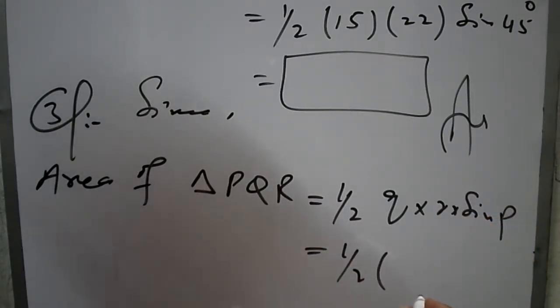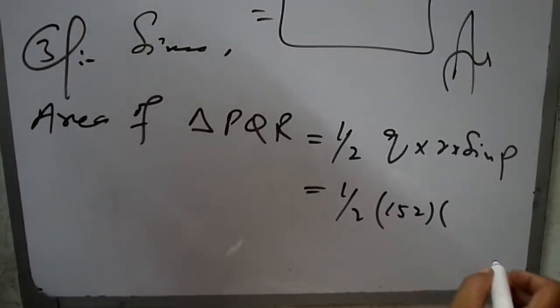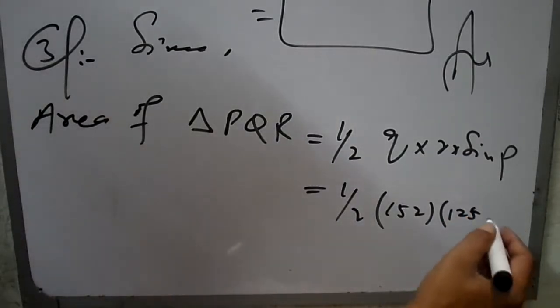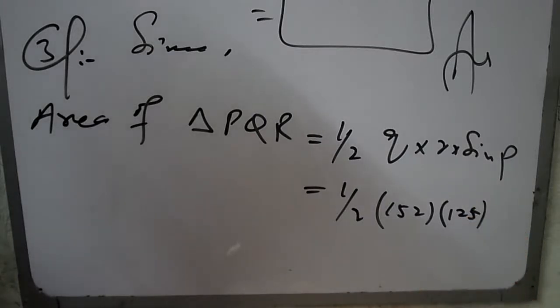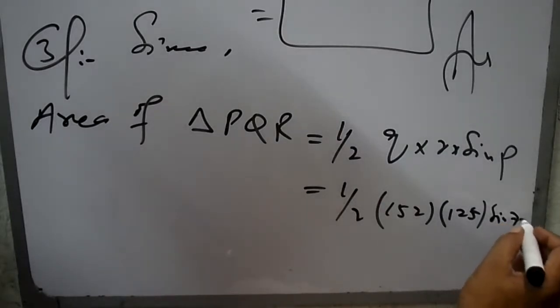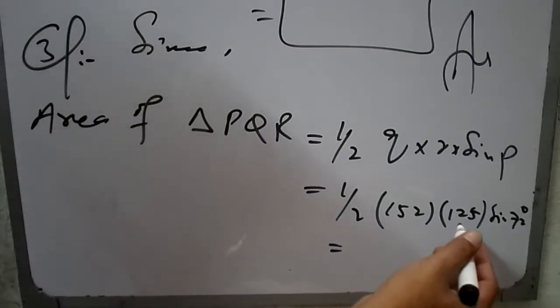It is given to you, a very simple question, that is 152, and the value of R is given to you, that is 125. And sine P is 72 degree. So by simplification you will get the result.